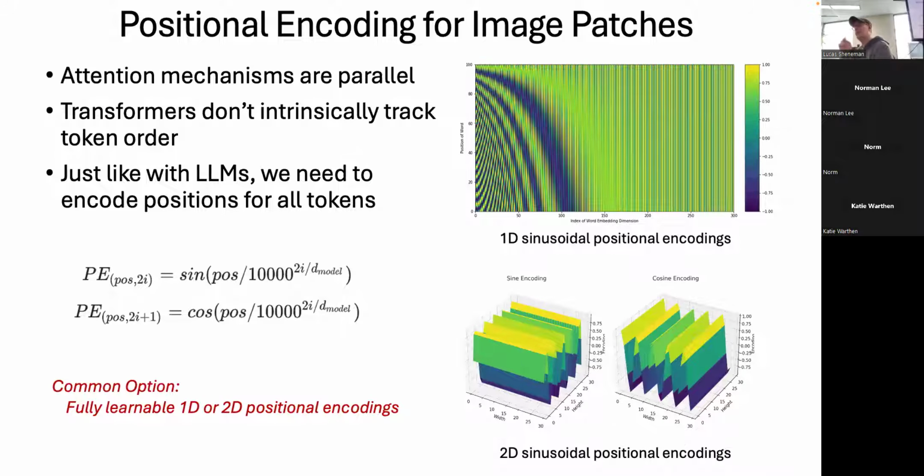Okay, but one of the issues with transformers is they're not intrinsically aware of the position of any token in the sequence, because they do everything in parallel, all at once. So you have to tell it explicitly where a particular token is in the sequence. There's a number of ways to do that.